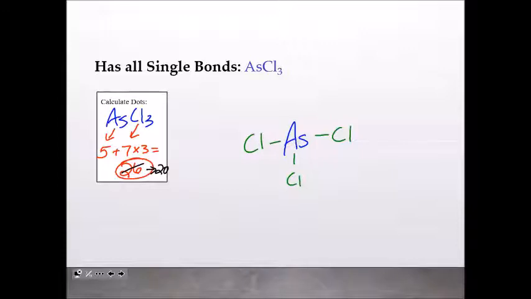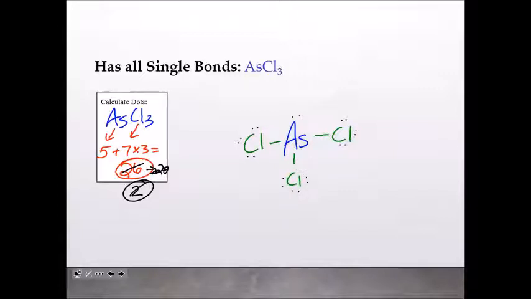So that's 2, 4, 6, 8, 10, 12, 14, 16, 18. How many do I have left now? 2 left. So what do I do with those 2 when I have electrons left over? Where do they go? Automatically to the central atom. So we're going to stick them on the central atom.